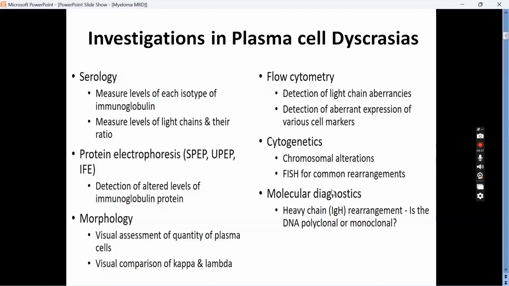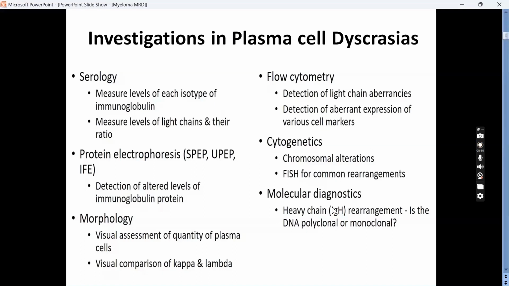Similarly, if it shows a recurrent abnormality like BCR-ABL positive B-ALL, then that can be done by PCR. So you always need an initial diagnostic signature to track the MRD when it comes to molecular diagnostics.